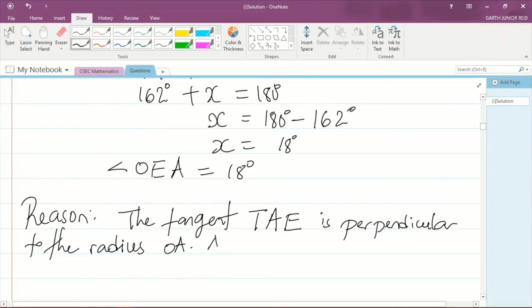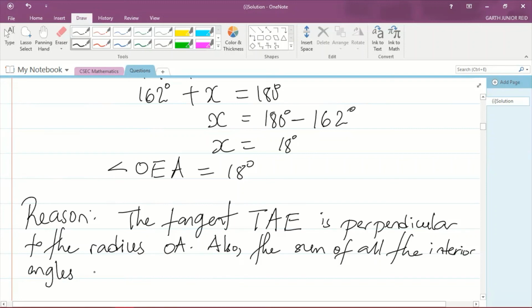Also, we use the fact that the sum of all the interior angles of a triangle is 180 degrees.